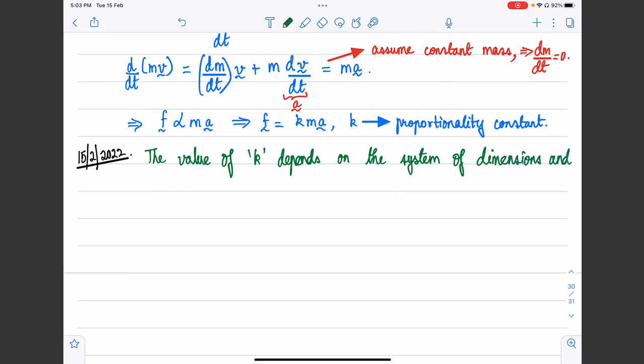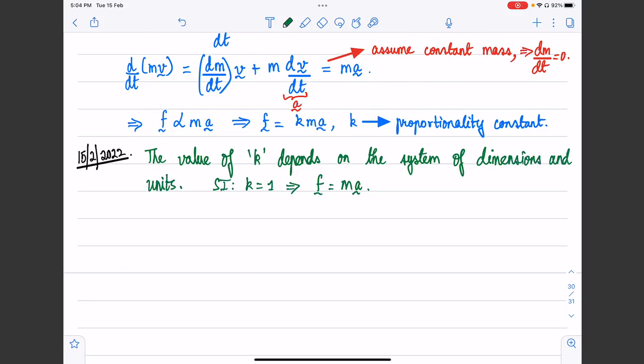Okay. So consequently, if we use the SI system of units, k becomes equal to 1. And this implies that F becomes equal to m times a. Okay, but this is not the case always.